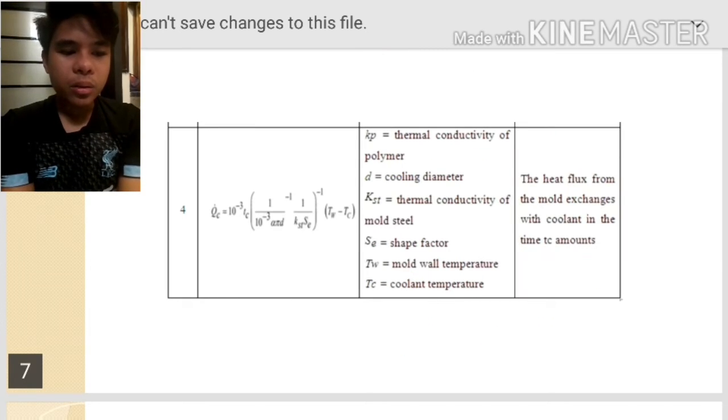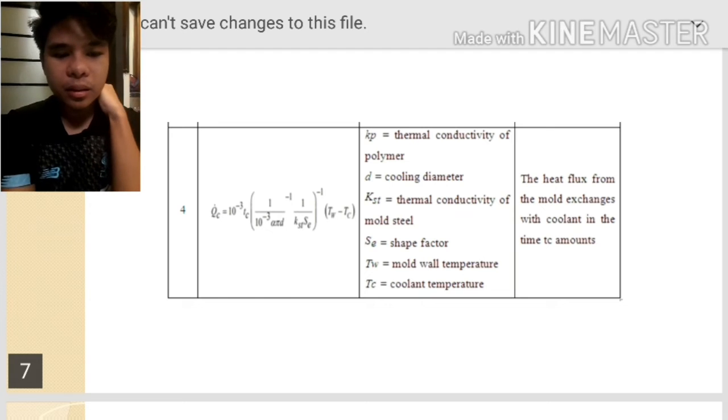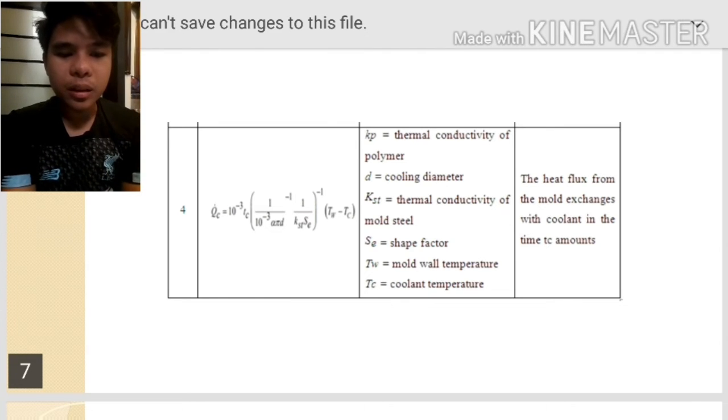And then we go to the heat flux from the mold exchange with coolant in the Tc amounts. This is the exchange of the surrounding temperature and the coolant temperature.